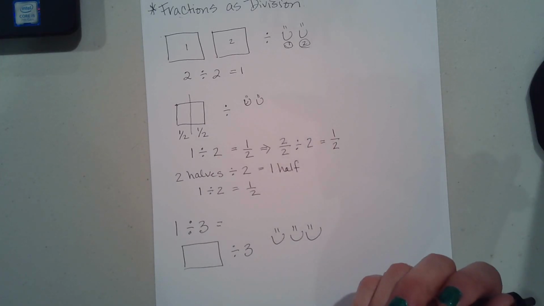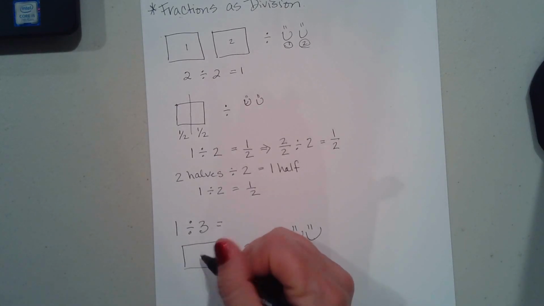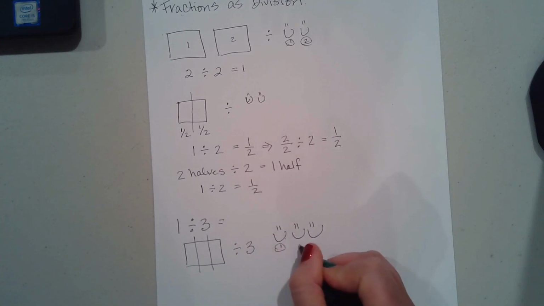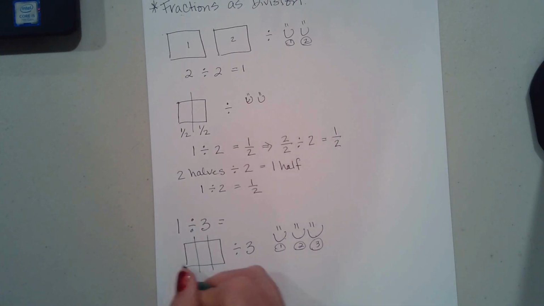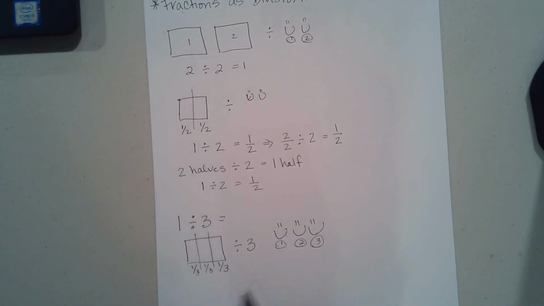But this time I have to divide this 1 whole by 3 people, or into 3 equal groups. You're right, I'm going to divide it in thirds. So 1 person, 2 people, 3 people, or 3 groups. So 1/3 plus 1/3 plus 1/3. So 1 divided by 3 is equal to 1/3.